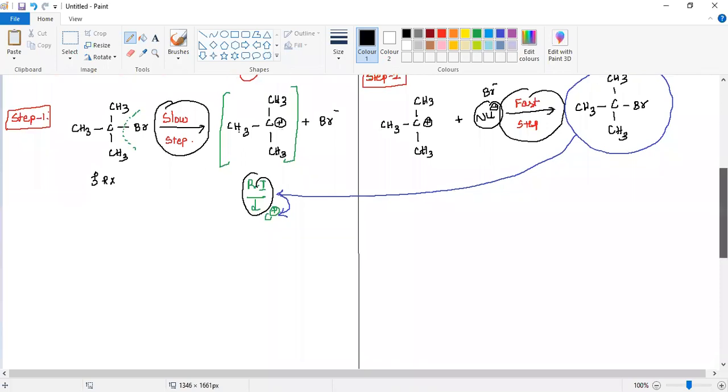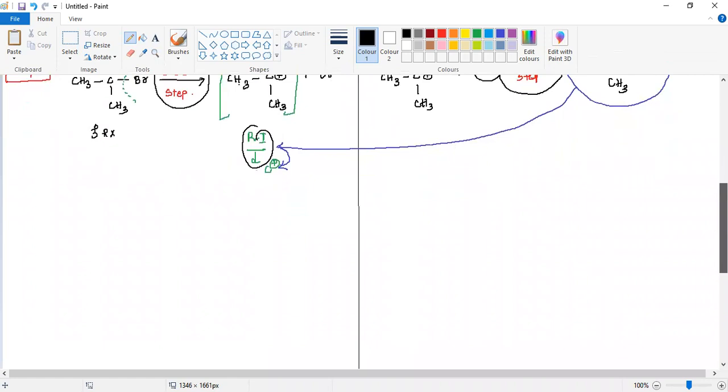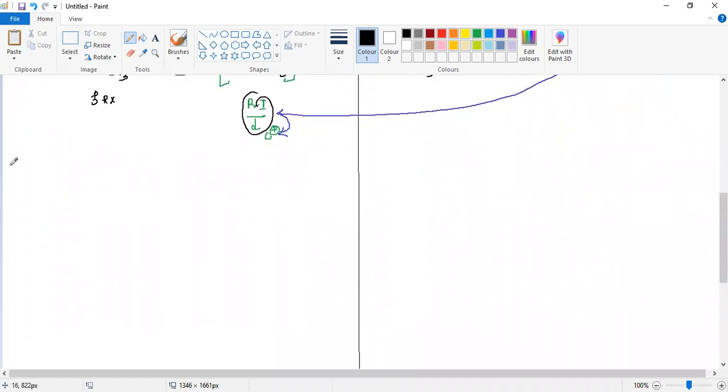Okay, beta. Let's go to the next point. So here now we need to check out the reactivity once again. The reactivity of what? Different alkyl halides, in which the halogen is the same.